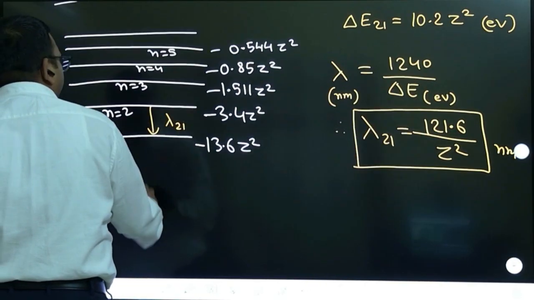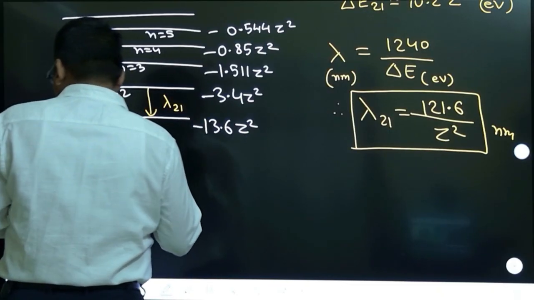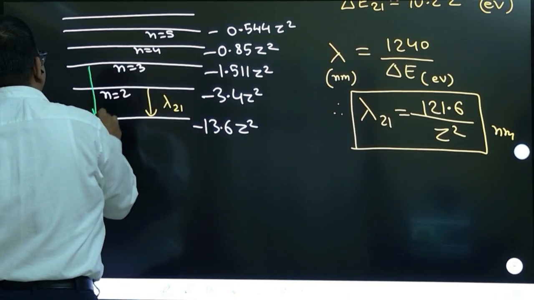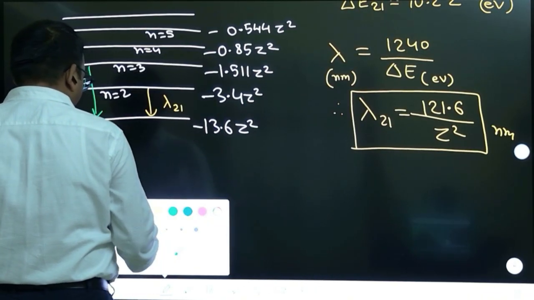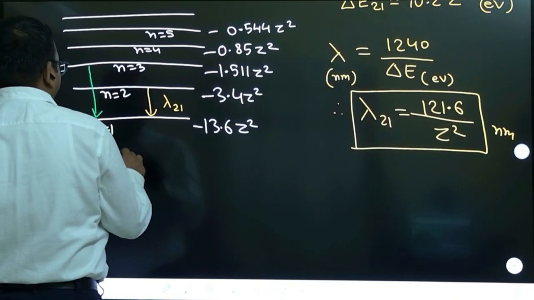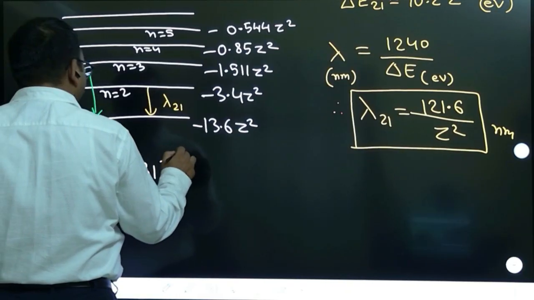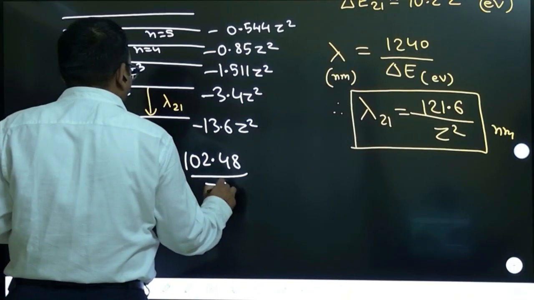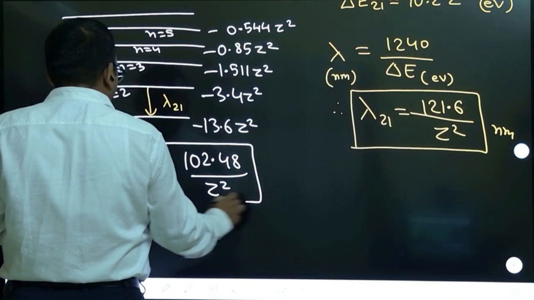Okay, then let's go for the next. Suppose the transition is happening from 3 to 1, that means I am talking about the Lyman series. Next let me write lambda for 3 to 1. Note it is 102.48 by Z square. All the wavelengths are in nanometer, no difficulty in that.